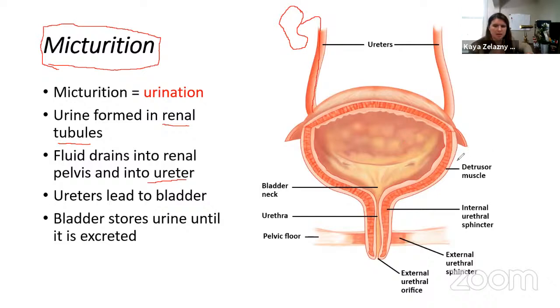So the things we care about here is the bladder is largely made up of a muscle called the detrusor muscle. We have an internal urethral sphincter and we have an external urethral sphincter. The external one is under conscious control, while the internal urethral sphincter is largely responding to involuntary factors, things like pressure.